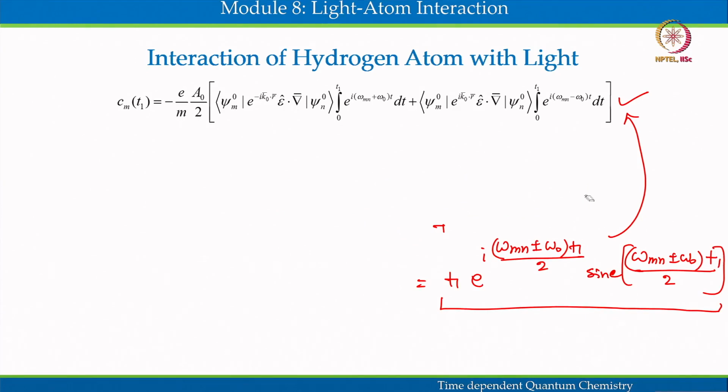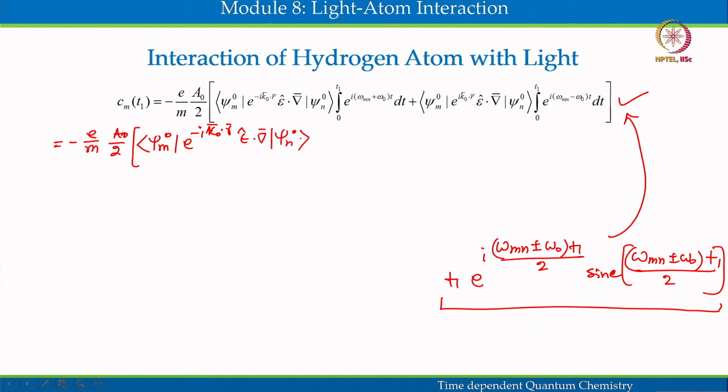So we will insert it, and I can write this down as minus E by m A naught by 2, then I have this spatial integration part, which I will write as e to the power minus i k naught dot r, epsilon dot derivative operator, psi n 0.